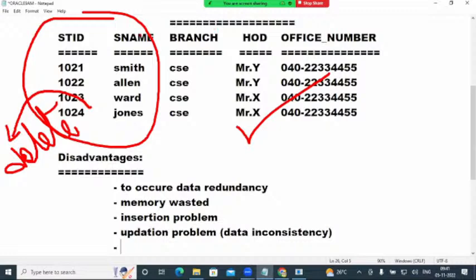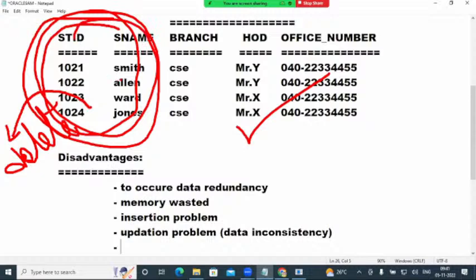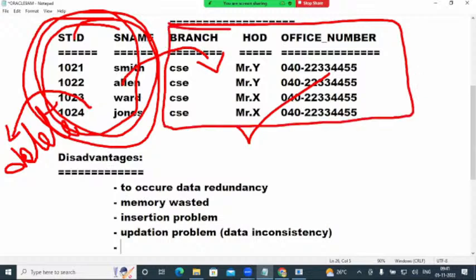No. Because when you delete students' information, along with the student information, what else do you delete? Branch information is also deleted. Understand now? Once you delete student data, then branch data is automatically deleted, because both pieces of information are in the same memory, that means the same table.